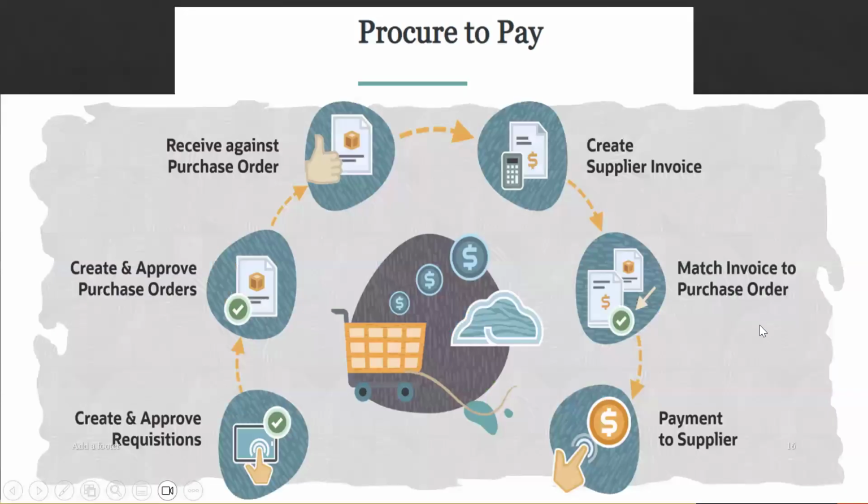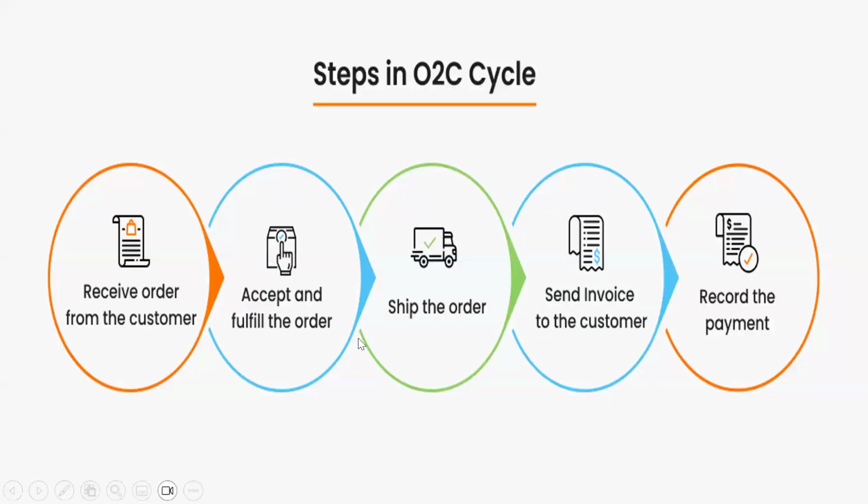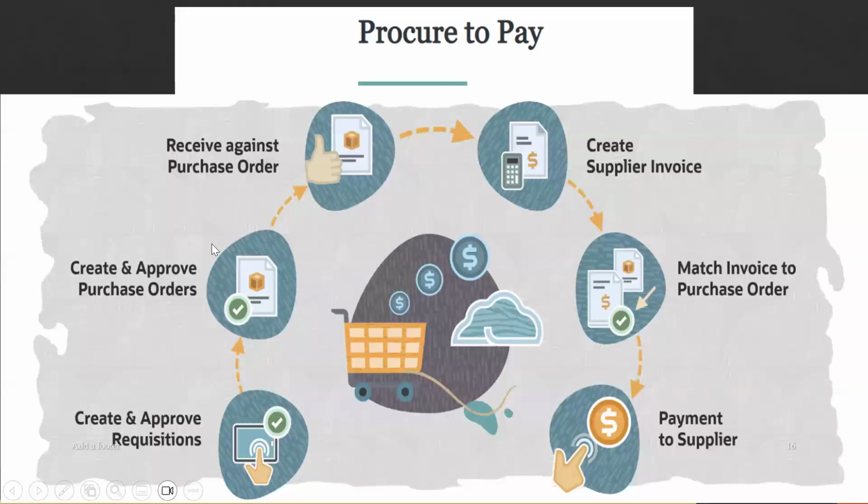Coming to P2P, when will P2P occur? When you get more orders from customers, say 1,000 bikes, then what do you need? We need raw materials to prepare the product.